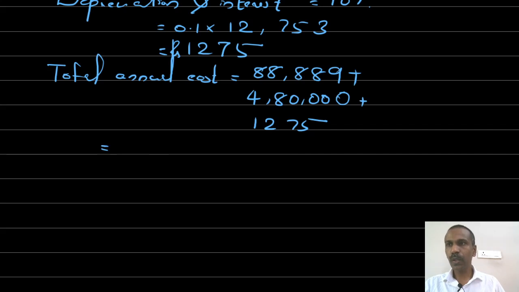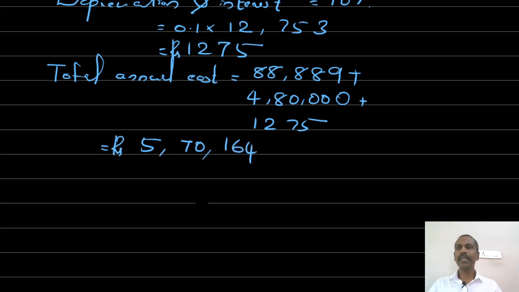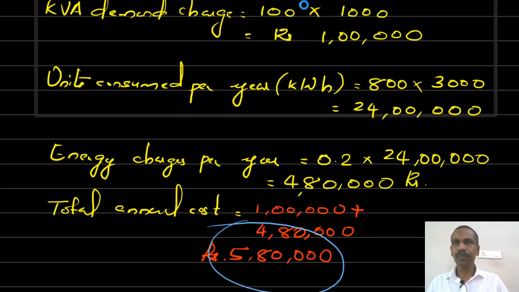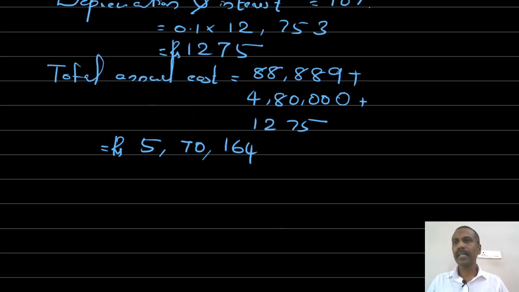So total annual cost is 5,70,164. So this is the spending, or the electricity bill, after connecting the capacitor bank. This is the spending before connecting the capacitor bank, 5,80,000 rupees. This is 5,70,000 and something.